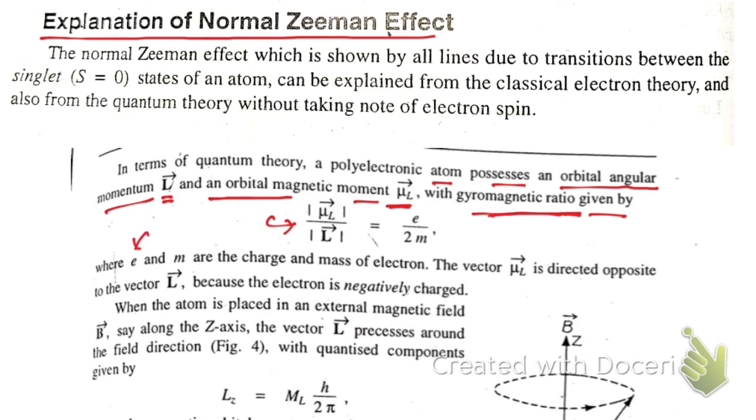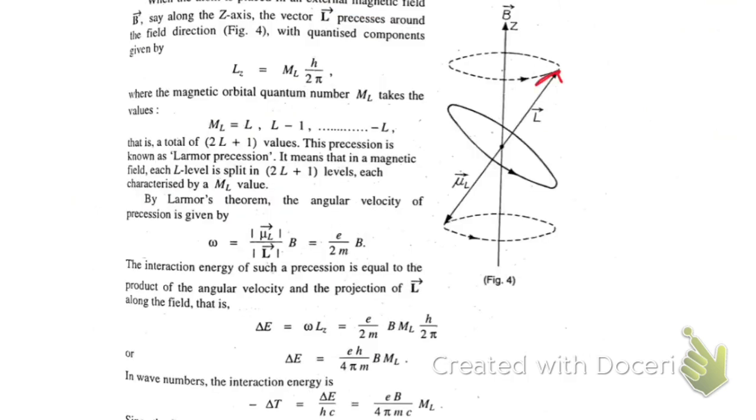Here E and M are the charge and mass of electron, and this vector is directed opposite to the L vector. Let me show you. Here you see this is the L vector and this is the mu L. These two are opposite. These two vectors occur when this electron is revolving in this orbit. This is the orbit, right?